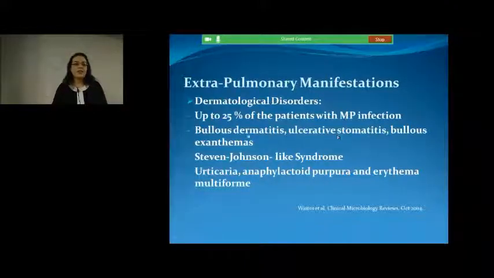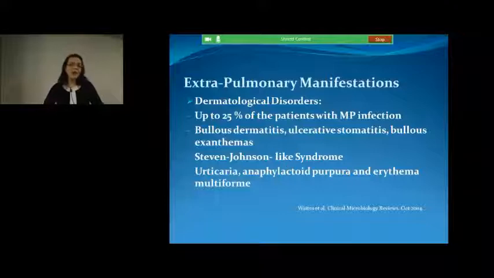So you may see bullous dermatitis, ulcerative stomatitis, bullous exanthemas. Mycoplasma may cause a Stevens-Johnson-like syndrome that is described to be milder than the drug-induced Stevens-Johnson. It also can cause urticaria, anaphylactoid purpura, and erythema multiforme.